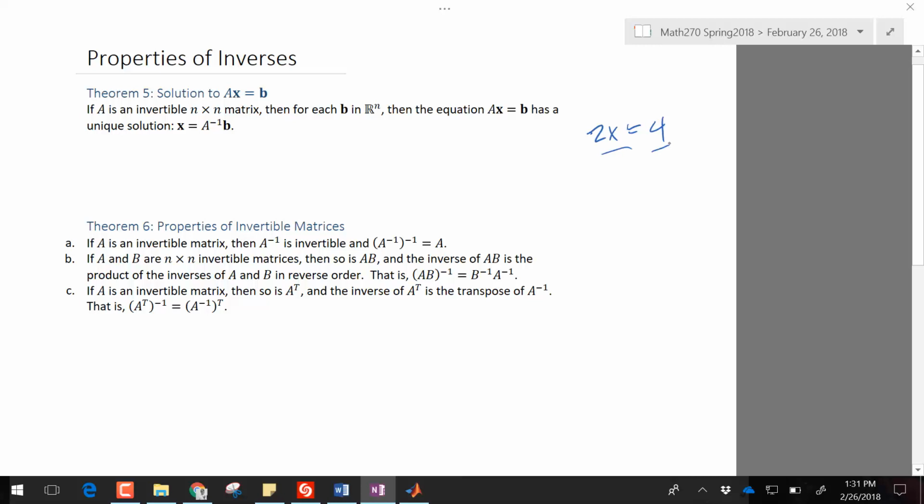We divide by 2. We can also think about it as multiplying by 2 to the negative 1 power. Since with real numbers multiplication is commutative, it doesn't matter which side you divide on. In any case, x is equal to 2 to the negative 1 times 4.